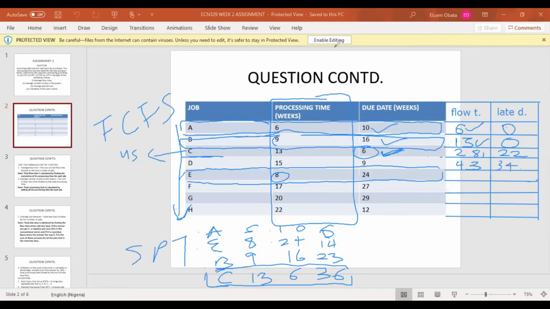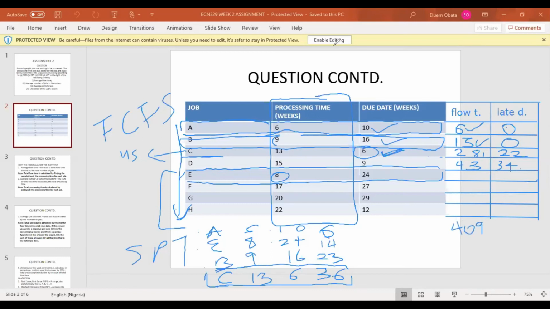So like that, you calculate from E to H for the flow time and the late days, and you total it. One thing that is important here is our total. From having worked on this before, the total for processing time would have given us 110. Your flow time total would have given us 409.